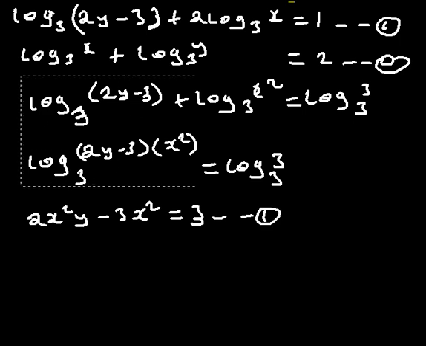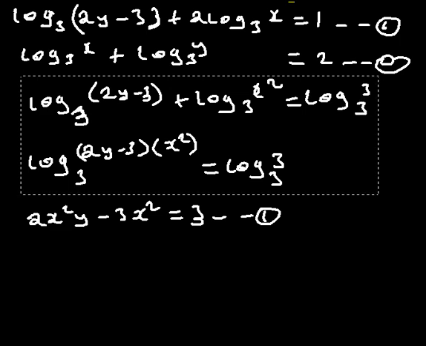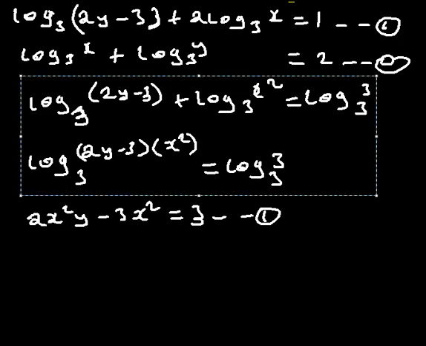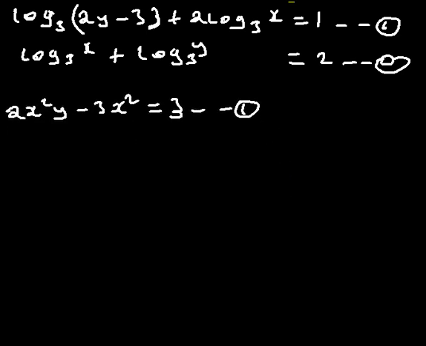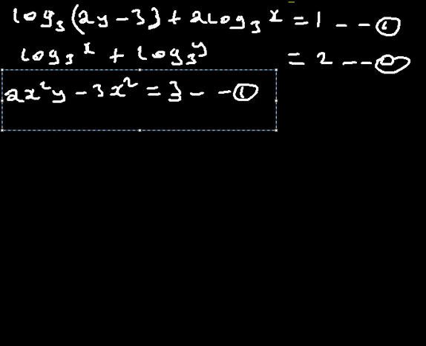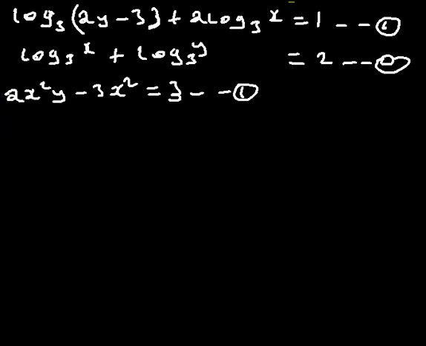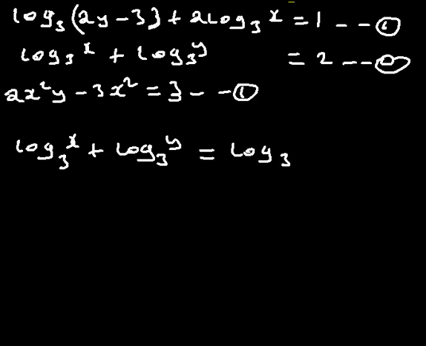Now the next thing should be simplifying the second equation to be in its simple form. This is log base 3 of x plus log base 3 of y, which is the same as log base 3 of 3 to the power 2.